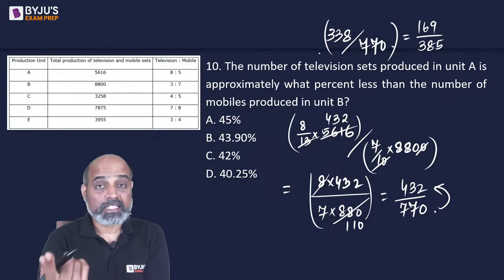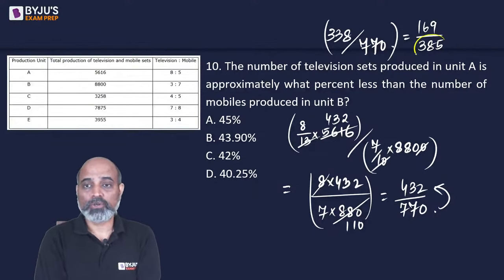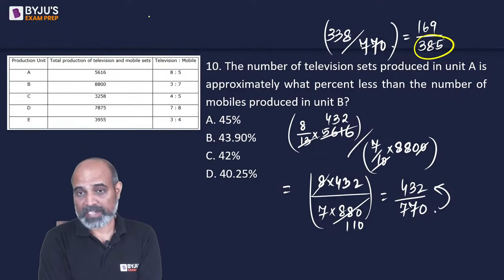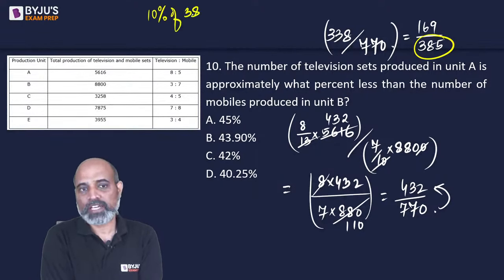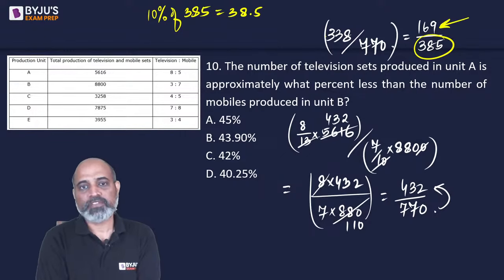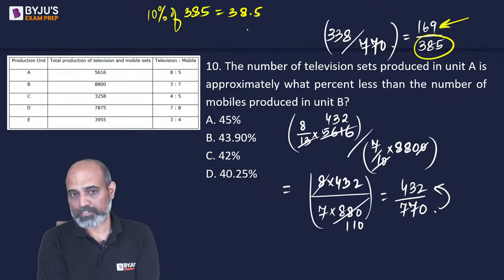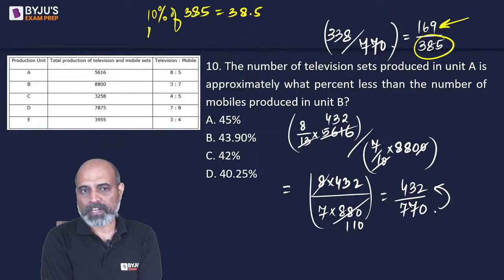In yesterday's session, if you remember, we saw how to calculate the percentage. We take the denominator and calculate its 10% first. So 10% of 385 is going to give us 38.5. Our target is to reach 169. Looking at the options, we are pretty sure we need to find 40% for sure, as in we need to multiply everything by 4.